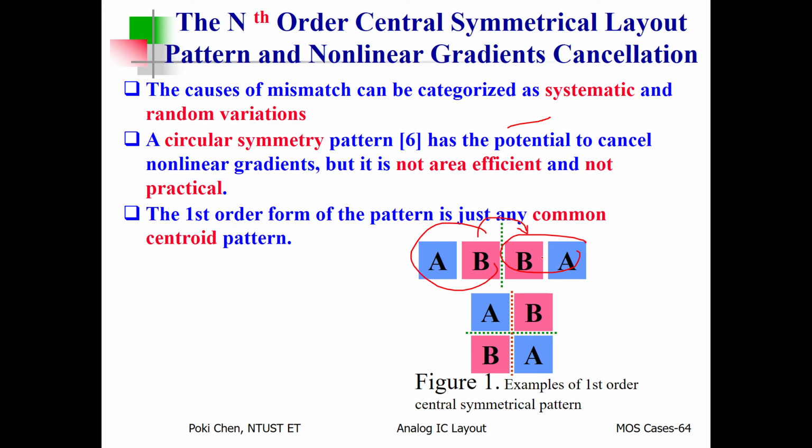Okay, but if you apply anti-symmetrical mirroring, B becomes A, A becomes B. The new one will be the same as the original one, so you cannot enhance the gradient cancellation capability. Don't make a fast generalization or a fast conclusion that you can only apply symmetrical mirroring instead of anti-symmetrical mirroring. No. The first conclusion here is totally wrong.